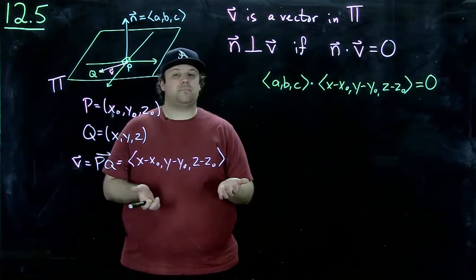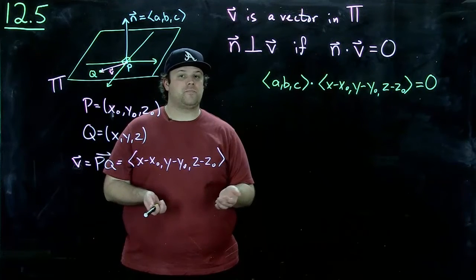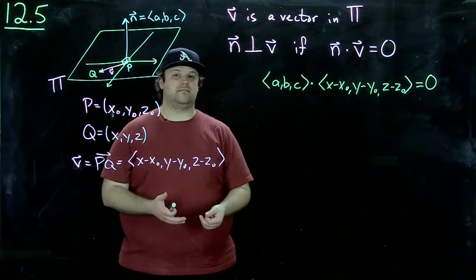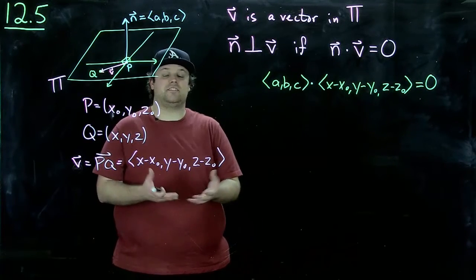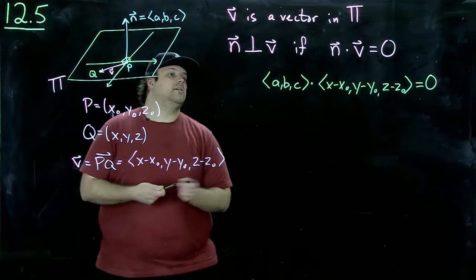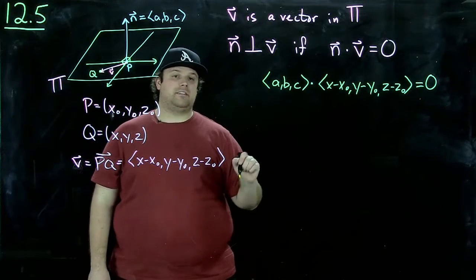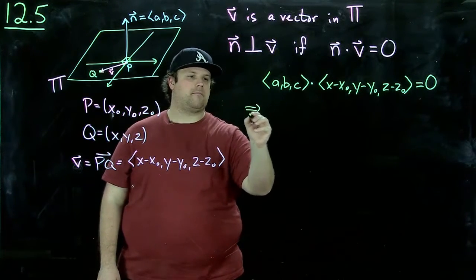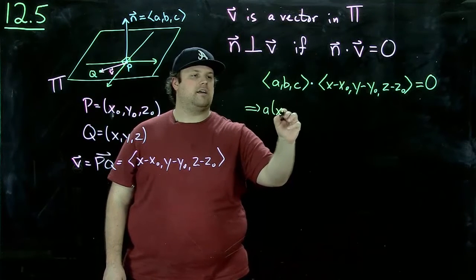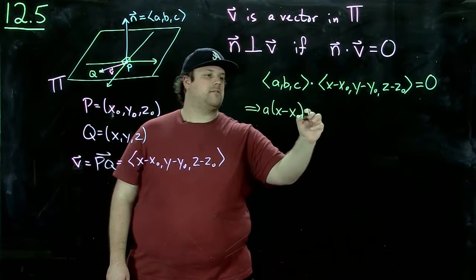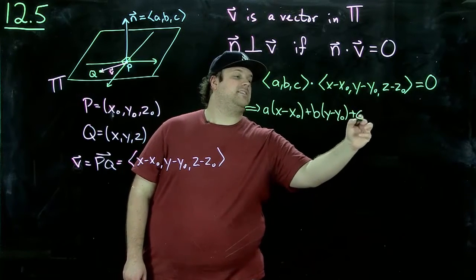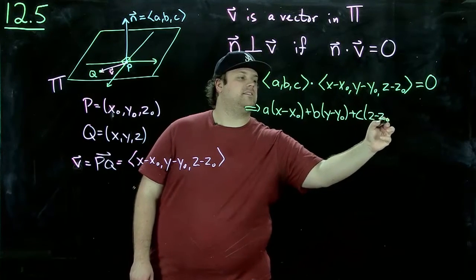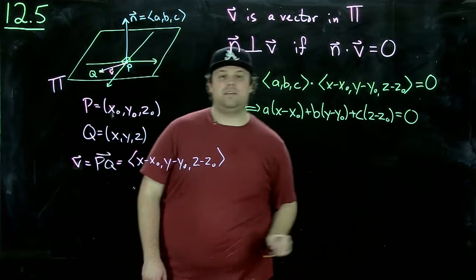That's really a pretty decent equation of a plane already. But we can do the dot product and get something that doesn't involve vectors and dot products, something that's just a regular equation. Right? So if we write out this dot product, this gives us A(x minus x naught) plus B(y minus y naught) plus C(z minus z naught) equals 0.